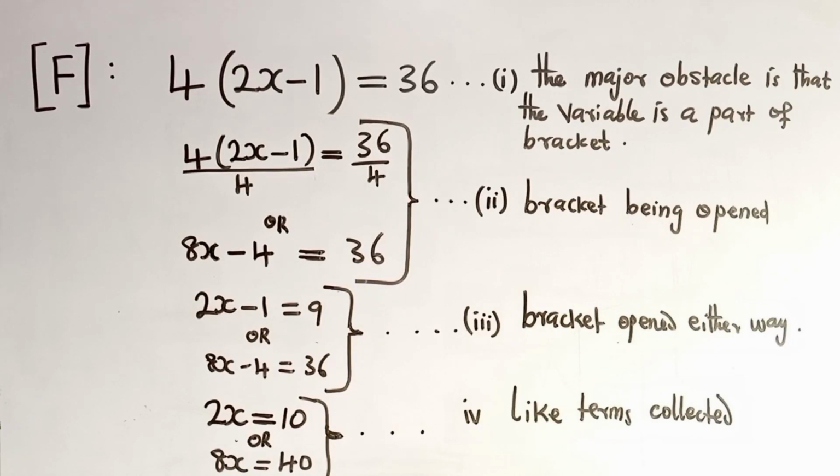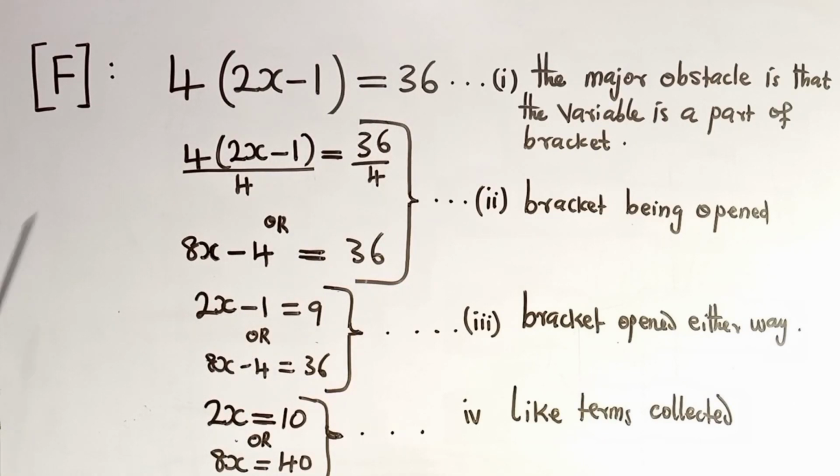The first one is to divide both sides of the equation by the coefficient. 4 is the coefficient. Therefore, to apply this direction, what we do is to divide this left-hand side by 4 and divide this right-hand side by 4.